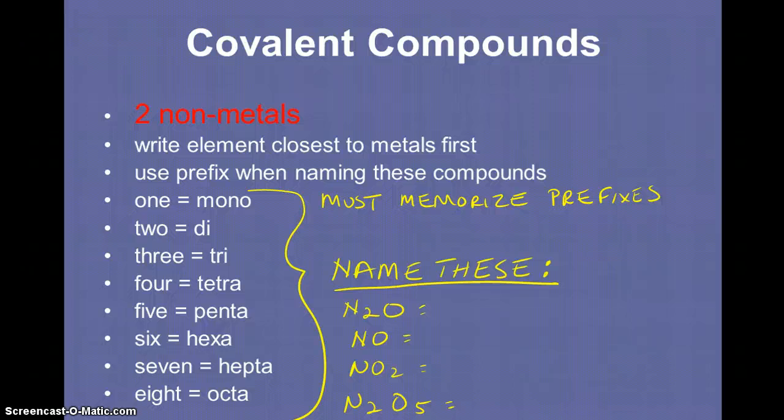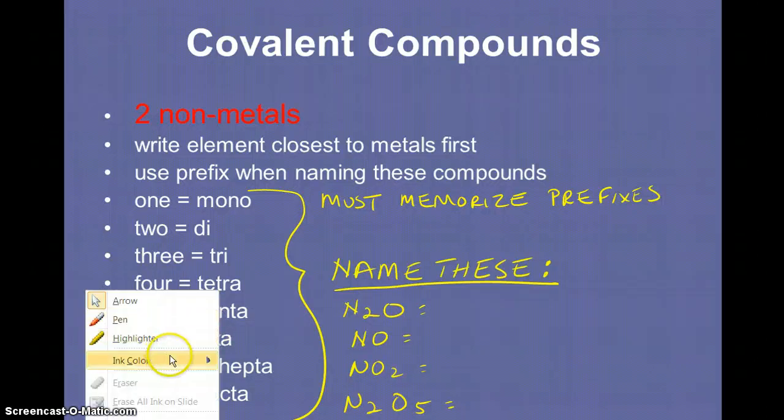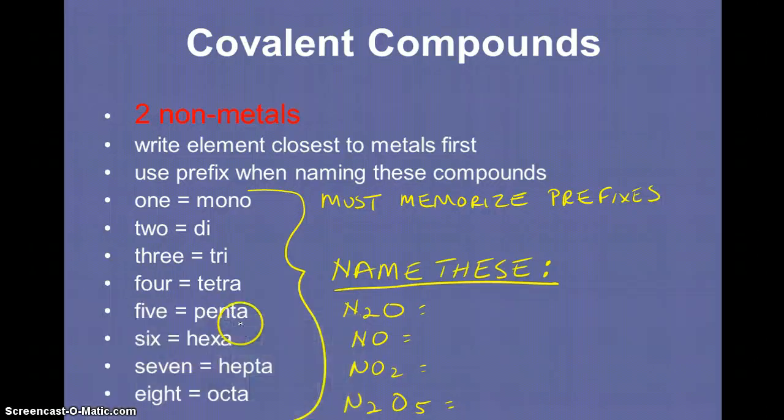Let's take a look here. I have a couple listed here in the yellow. N2O. You can see that that is 2 nonmetals. The beautiful thing about covalent compounds, you just write what you see. Literally write what you see. So this is telling me there's 2 nitrogen, 1 oxygen.